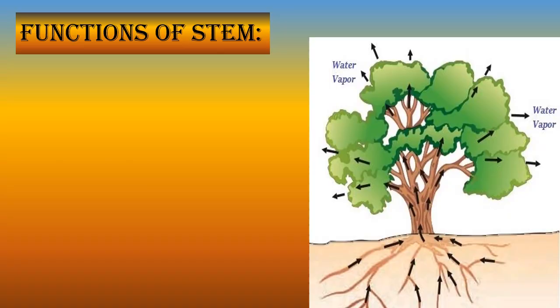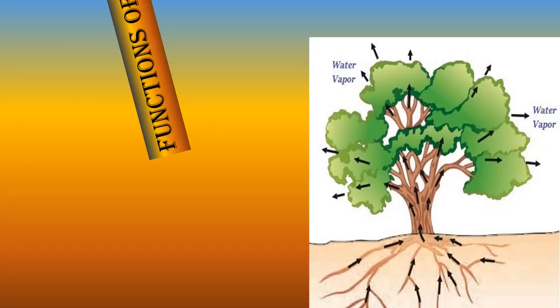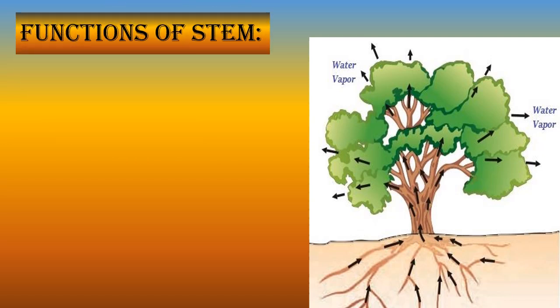Okay, now we are going to discuss functions of stem. What is a stem? The main body of a plant rising above the ground is known as stem. As you can see in the picture, the part of the plant that rises above the ground is known as stem. A long, supportive or main section of a plant is a stem.